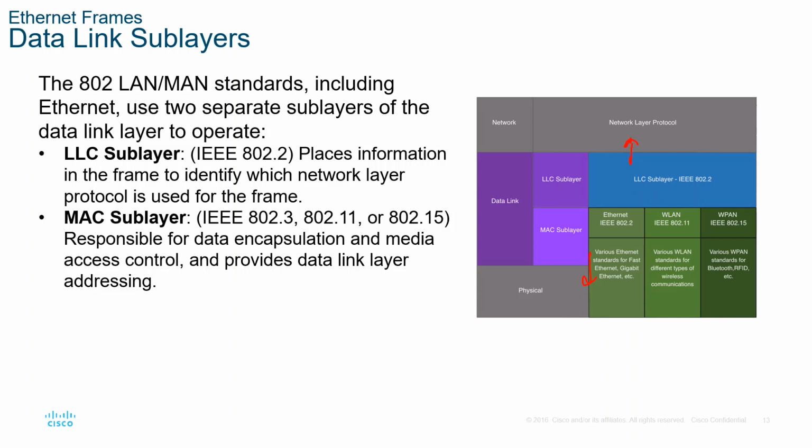For example, Ethernet IEEE 802.3 supports various Ethernet standards such as Fast Ethernet and Gigabit Ethernet. The wireless 802.11 supports various wireless LAN standards for different types of wireless communication. And 802.15 supports wireless personal area networks such as Bluetooth and RFID technology.